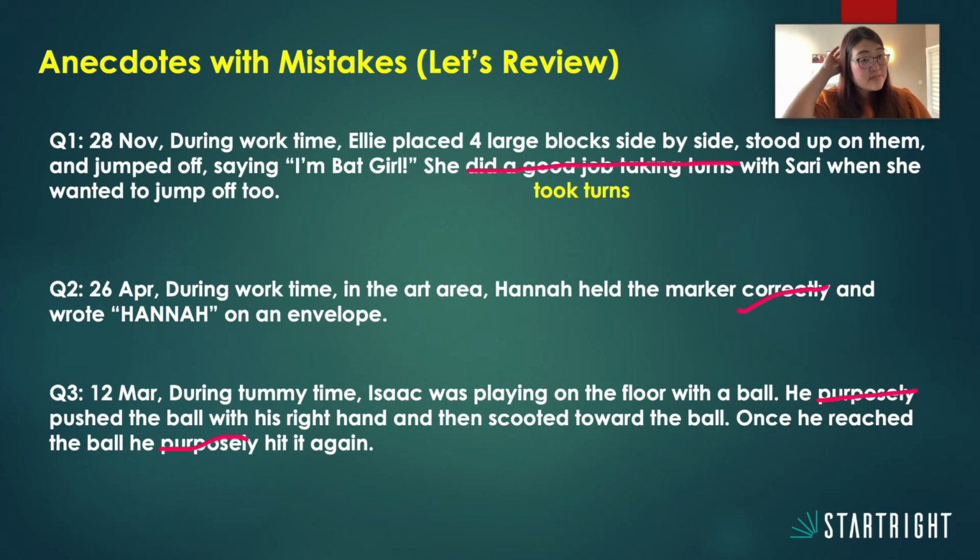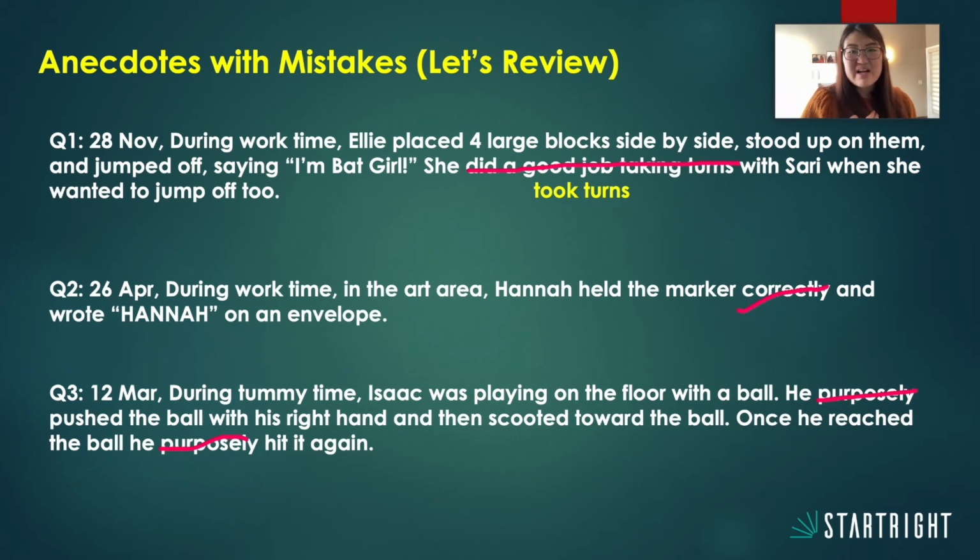Okay, there's 2 purposely because this is just a baby. The intention and why he chose to do something, it's really not important. Okay? So we just say he pushed the ball with his hand and then scooted towards the ball, because purposely can also be our value and our judgment.